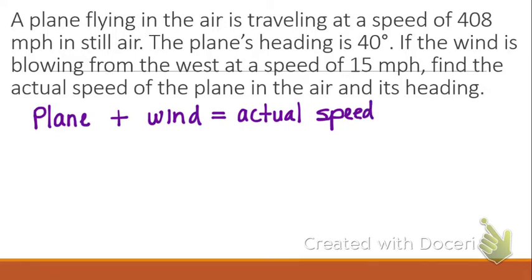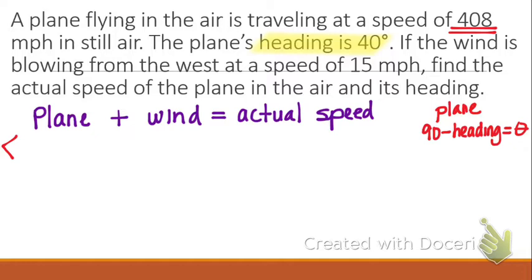So to find our components for the plane, we take the speed times the direction. Now here's the thing though. They told us the heading. So in order to find the direction for the plane, we have to take 90 minus the heading to get theta.